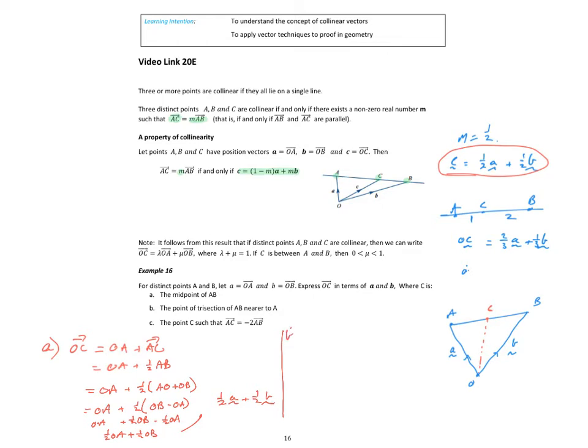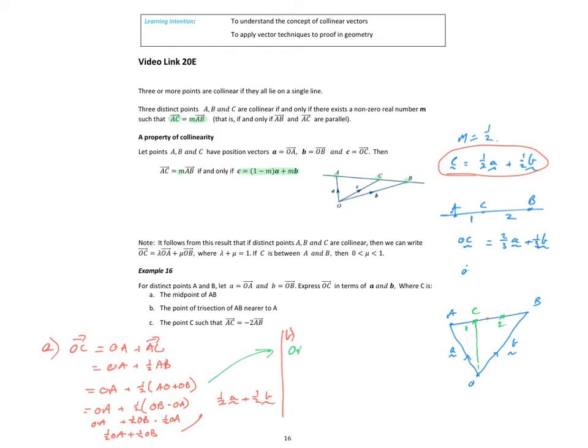Now, point of trisection. So I might rub out that C value there. A point of trisection is basically our vector split up into 3. AB, the point nearer to A. So it's actually what I alluded to a bit earlier, ratio of 1 to 2. So it's a third of the way along. So you can see all the way in here, I could do exactly the same steps.